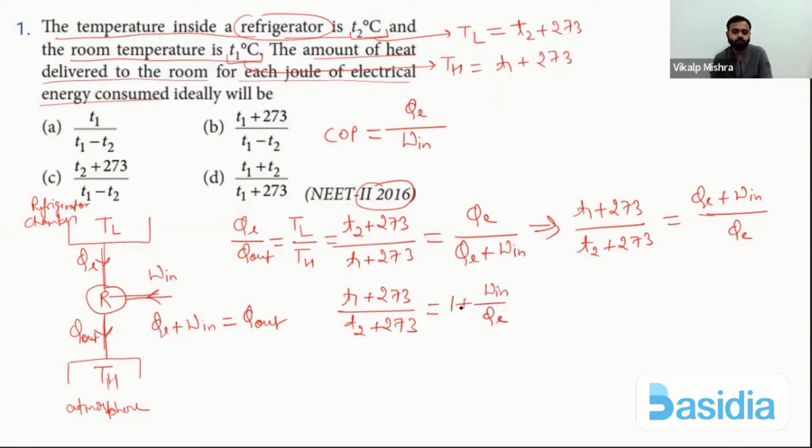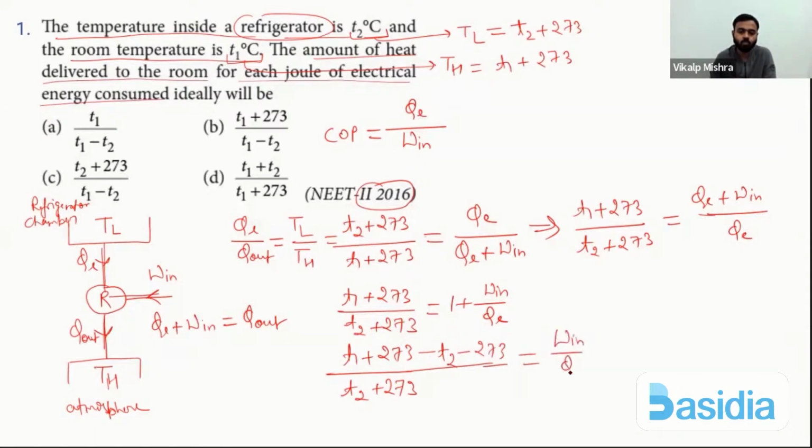Now we can subtract 1 on both sides. If you subtract 1, you get T1 plus 273 divided by T2 plus 273 minus 1. Taking the LCM, the 273s cancel, and what remains is T1 minus T2 in the numerator, with T2 plus 273 in the denominator, equal to W in by QE.